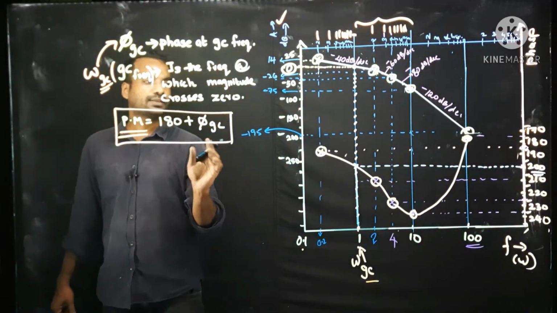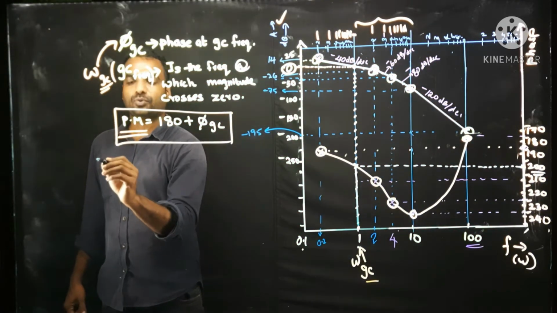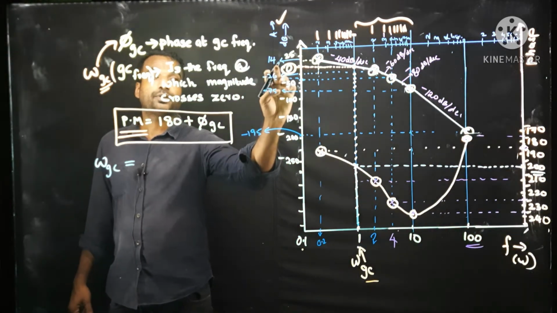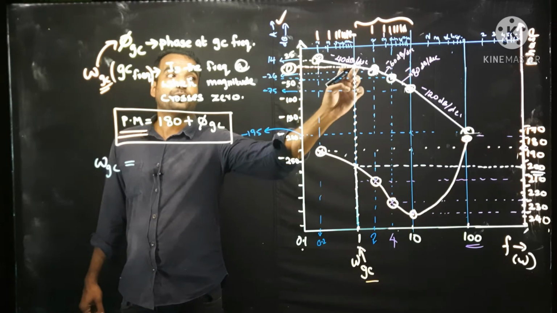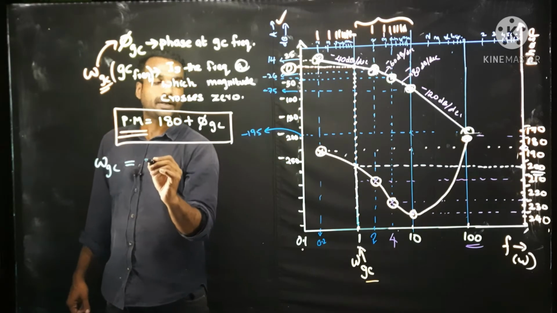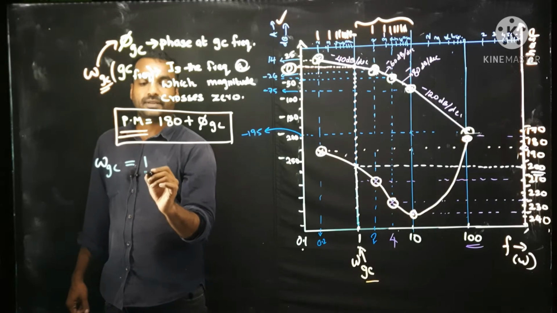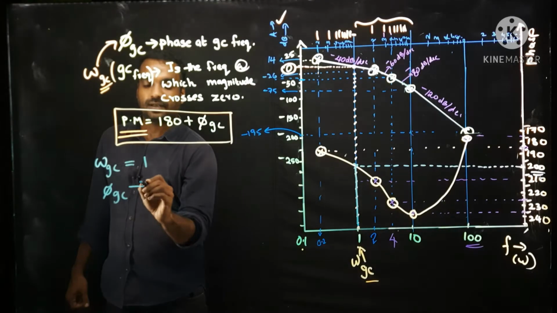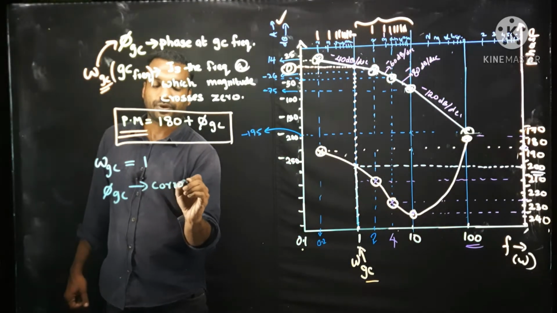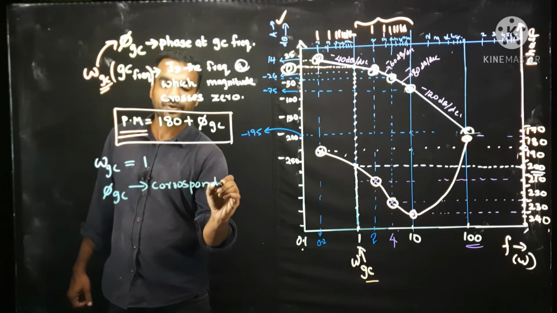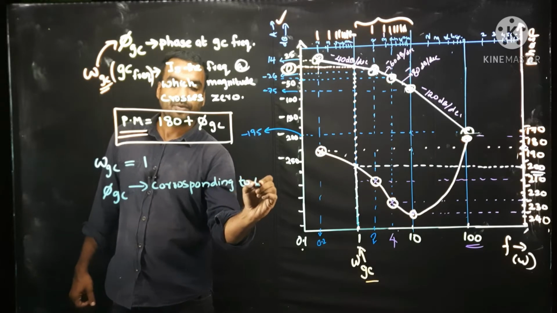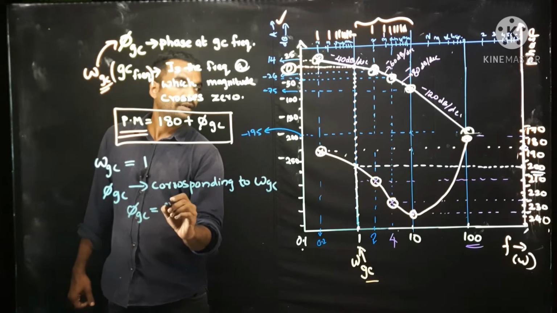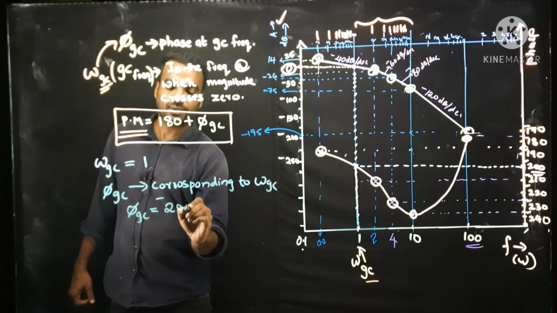So what conclusions did I make? Initially, I found omega GC, the point corresponding to the zero crossing of magnitude, and I got omega GC as 1. Then I found phi GC corresponding to omega GC, and I got phi GC equal to minus 200.